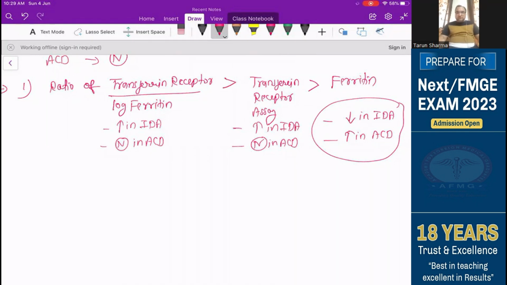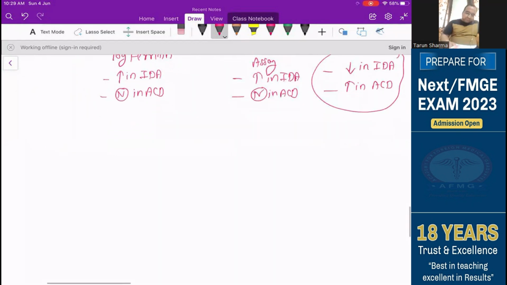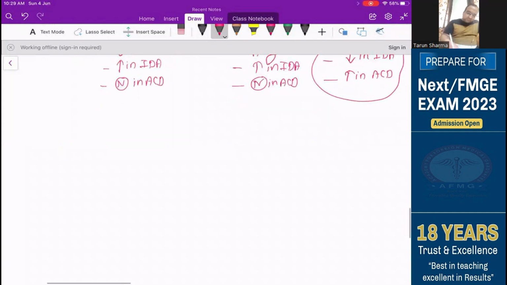If any of these parameters are there, you can simply diagnose the iron deficiency anemia. Next comes the treatment of IDA. The treatment of IDA will be iron supplementation.